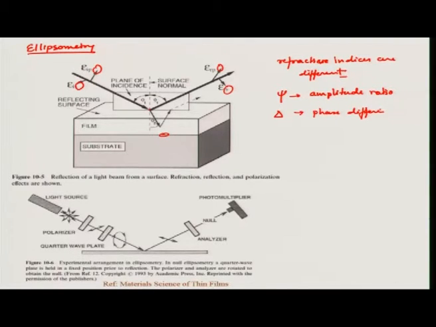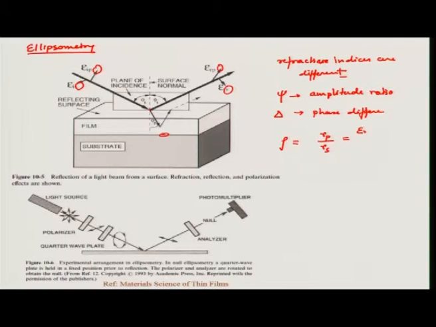So, you can define the ratio rho as the reflectance for the perpendicular component divided by the reflectance for the in-plane component.